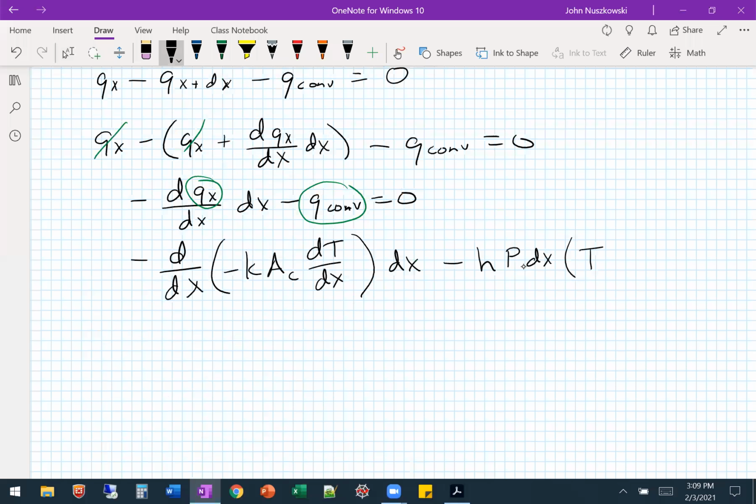And then we have the temperature minus T infinity equal to 0. Okay.